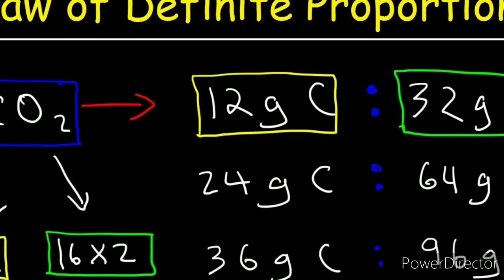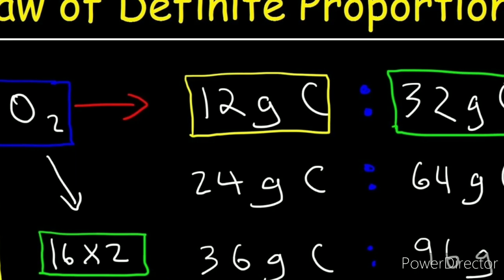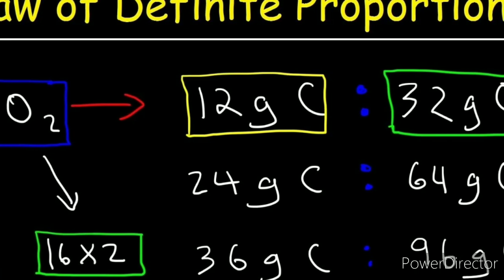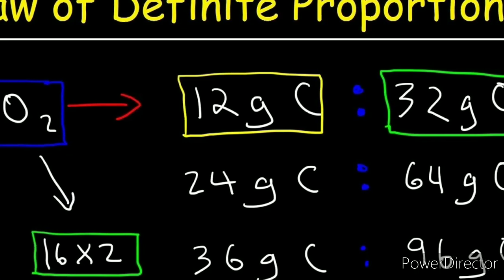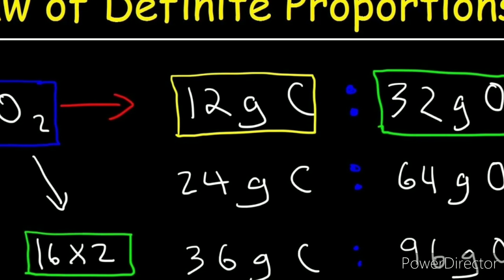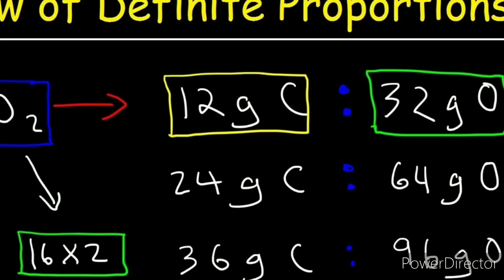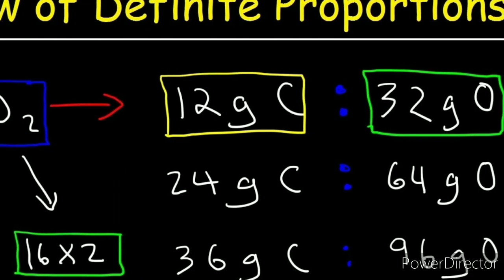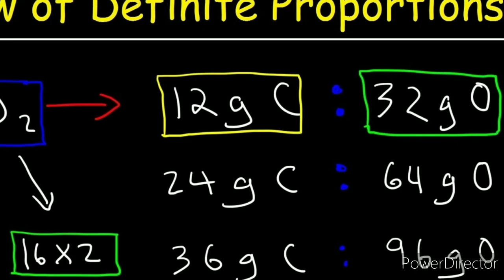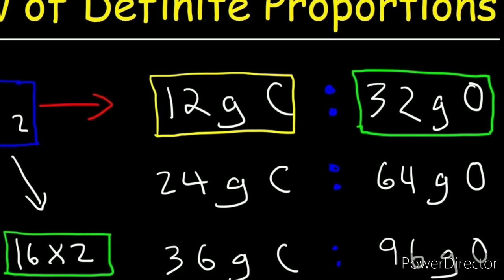For example, if you take water from India or from any other country, or from your body, then in all the conditions the ratio of hydrogen and oxygen by mass will remain constant. It is not going to change. This we can understand with the help of the above example given.